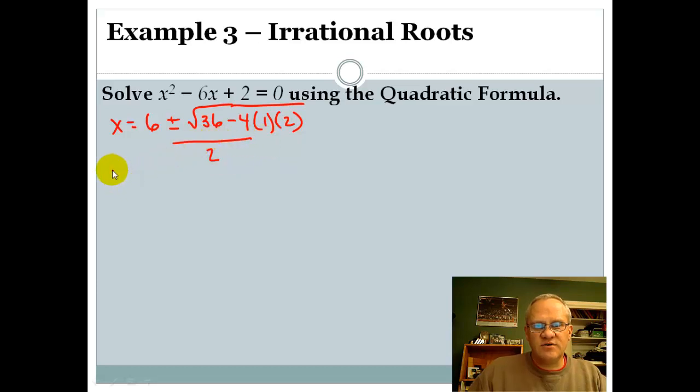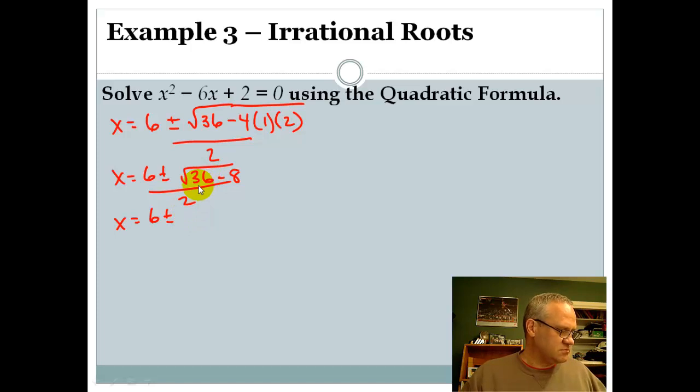So what do I really have here? 6 plus or minus the square root of 36 minus 8, it looks like, all over 2, which is, what's 36 minus 8? 36 minus 8, 28. So this is going to be square root of 28 over 2.